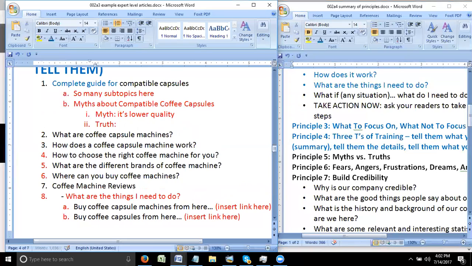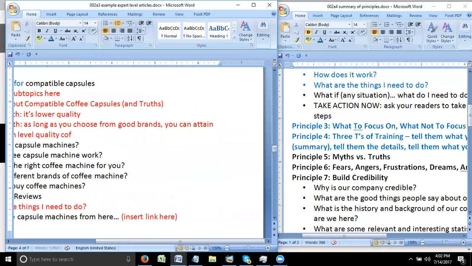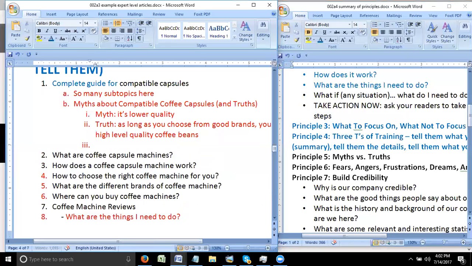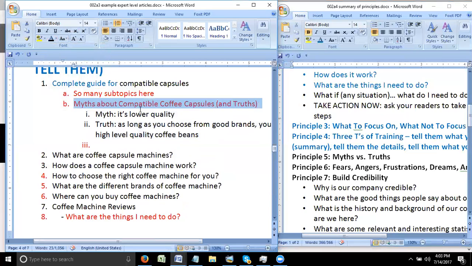The truth is that as long as you choose from the good brands, high level quality coffee beans. I'm just brainstorming. This might not be the final thing that will appear on the article, but that's just the starting point.